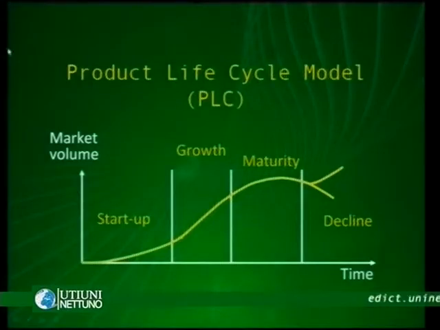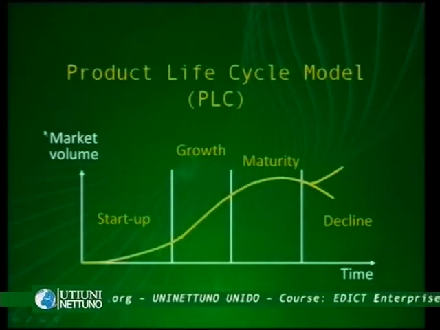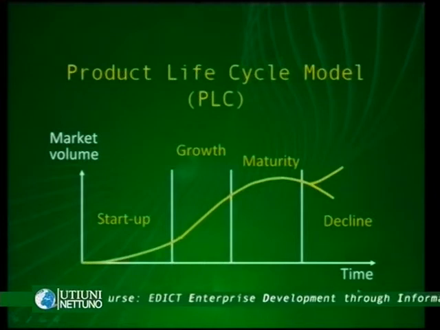So graphically, this exhibit is showing us that if we consider the product life cycle model from a graphical representation, we have market volume on the y-axis, and then we have time on the x-axis.